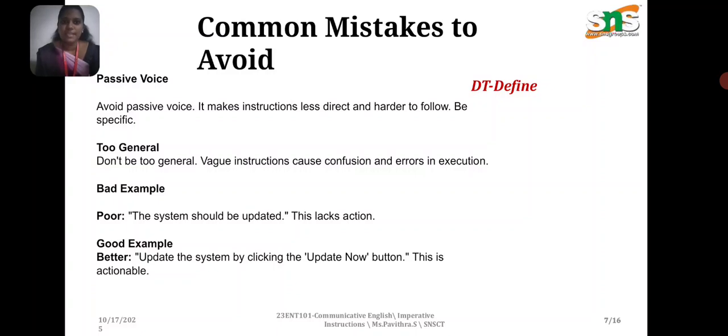Here I have given an example: "The system should be updated." This lacks action, which means it is in passive voice. A better example is: "Update the system by clicking the update button." This is actionable. So we need to use active voice when we are about to construct instructions.